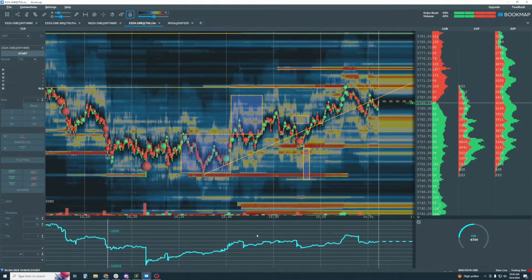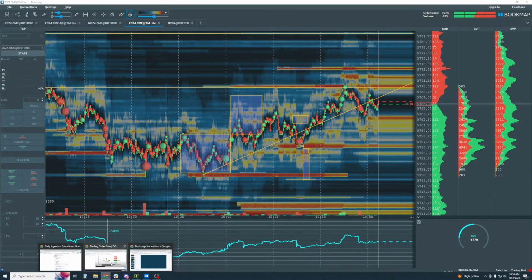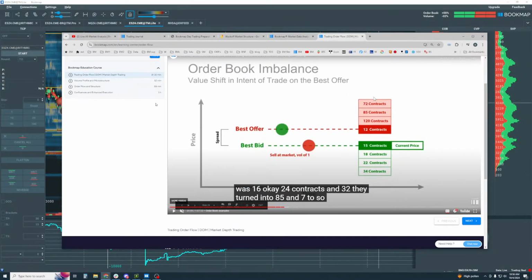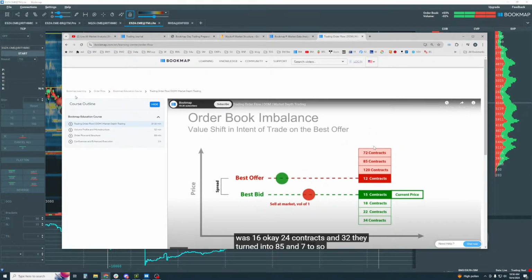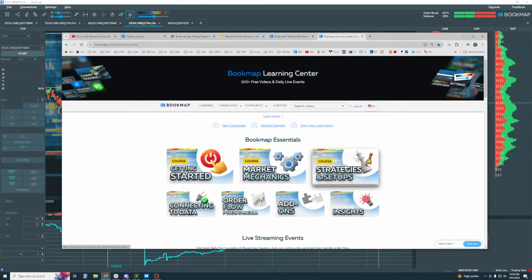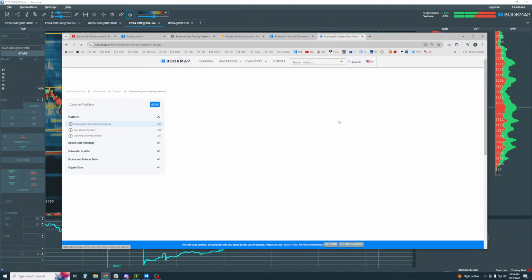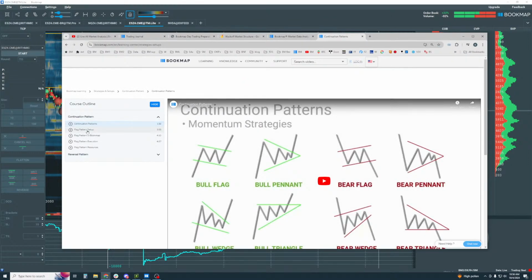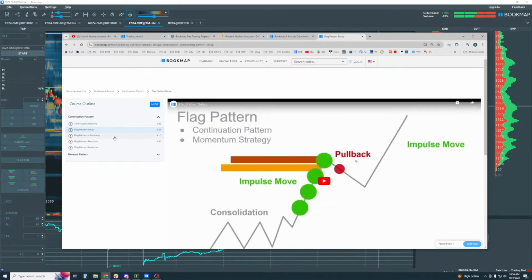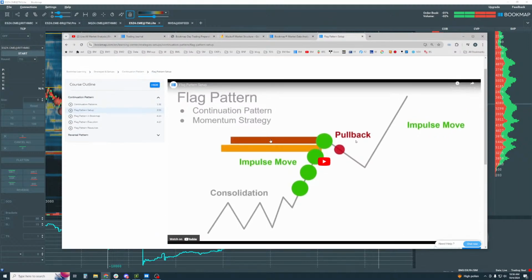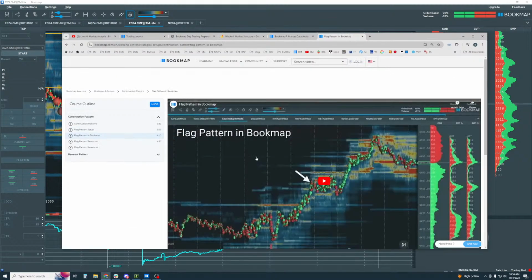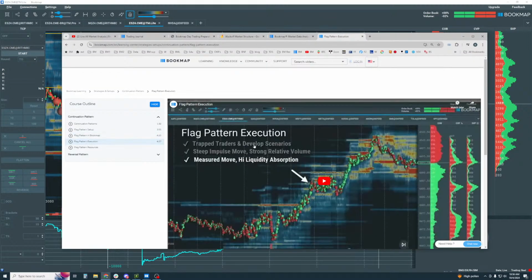All right, so there's more to the Learning Center than just that. Let's just go back here. There's also strategies and setups. We only have a couple in here right now, but we will be adding more in the future. We have a continuation pattern, and we show again what it looks like in diagram form, and then in Bookmap, and then how to execute it with a checklist.